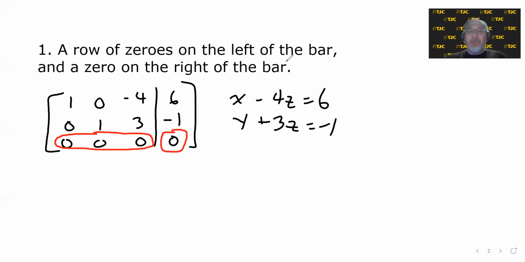But how do we continue to solve? Well, without getting too deep into a topic called linear algebra, whenever you have more variables than equations, you cannot have a unique solution, but you can describe the solutions. How can we describe the solutions? Well, what you do is you take the variable that did not have its own equation, and in this case, the z, and it's what's called a free variable.